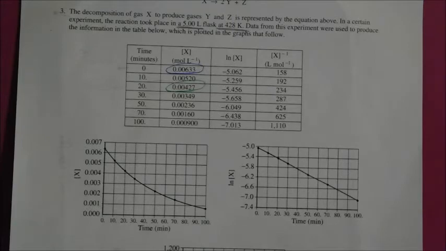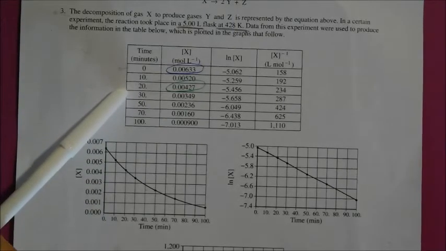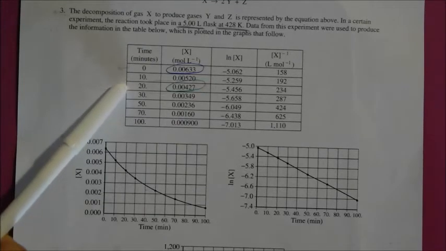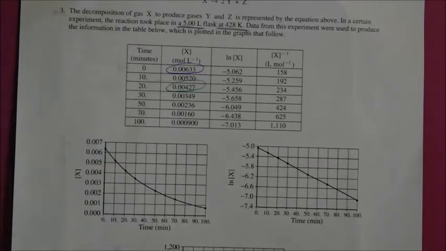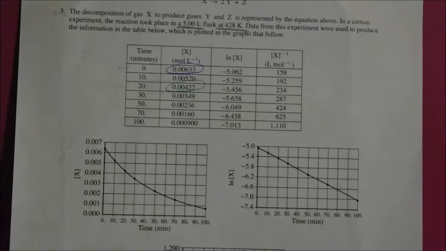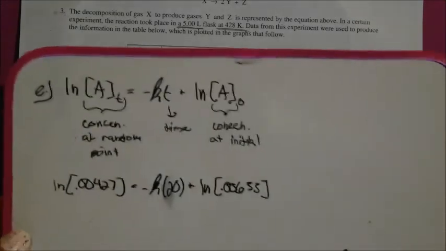So basically, for the random point, I just picked minutes at 20 and the concentration at those 20 minutes. So it's basically just plugging in numbers, and this is what you should get.